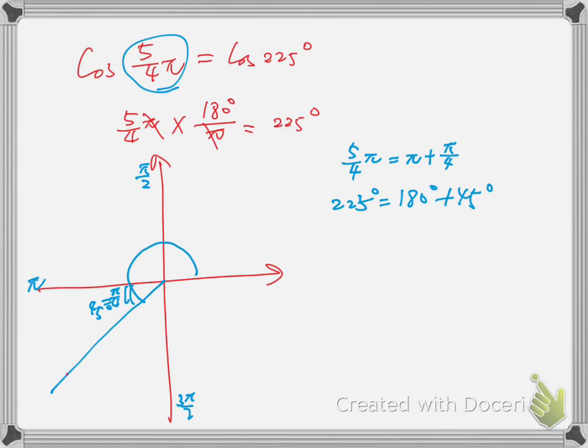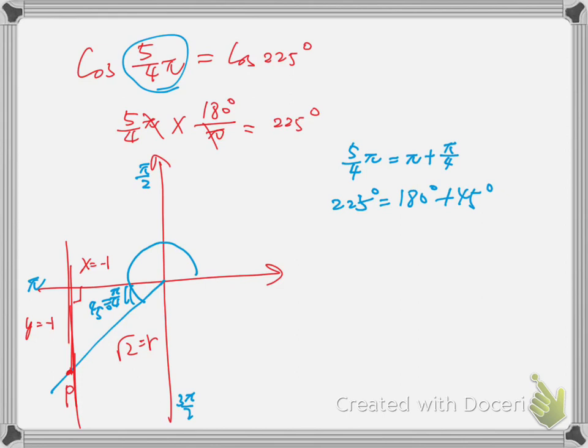Now you choose a point P on the terminal side, and then you draw a vertical line to make the right triangle. Now we can label the three lengths using our special right triangle. Remember we have the 45 degree right triangle, so this is 1, 1, radical 2. But now it's in the xy plane, so x is -1 because it's on the left, and y is -1 because it's in the lower half plane. And r is always positive.